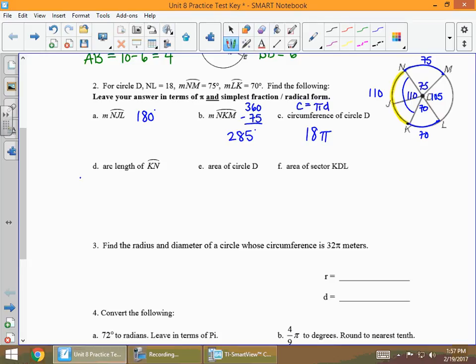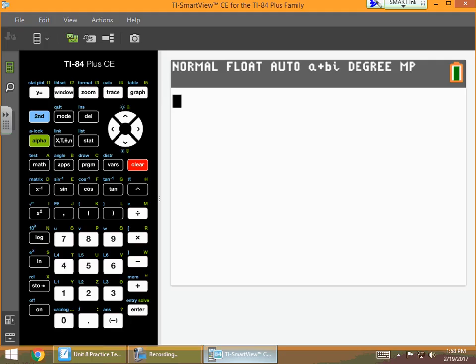So I have 110 of the 360 degrees, and I want arc length, so I'll multiply it by the circumference, multiply by 18 pi, and what does that equal? Well, let me jump to my calculator. I want to do 110 out of 360, and I want to multiply that by 18 pi. Now, I'm not going to put pi in.